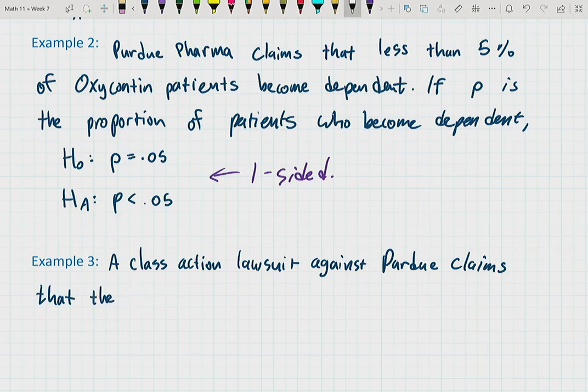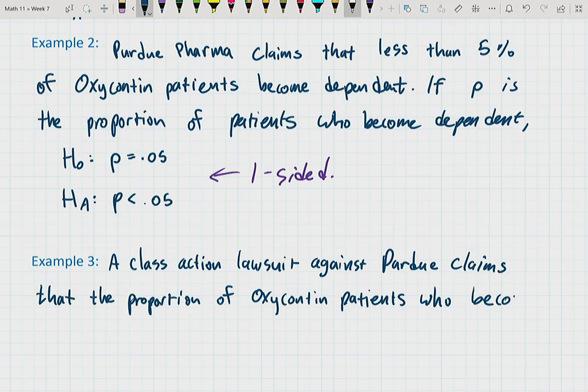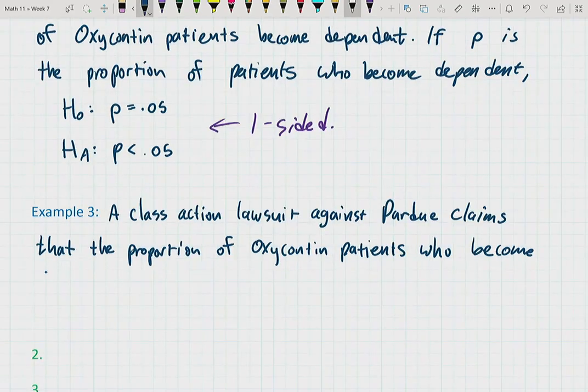It claims that the proportion of OxyContin patients who become dependent is, let's say they're claiming that it's greater than half. In the lawsuit, let's say they claim that more than half the people that try this drug become dependent on it.